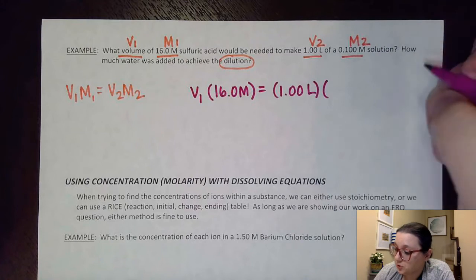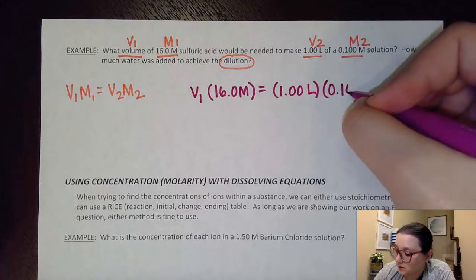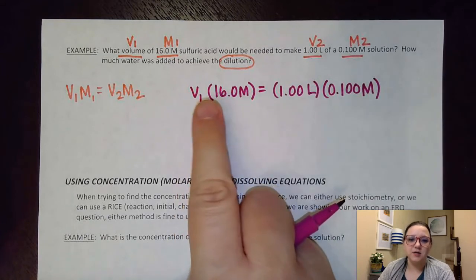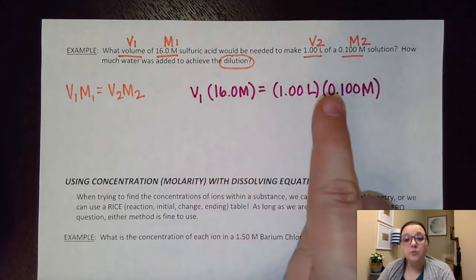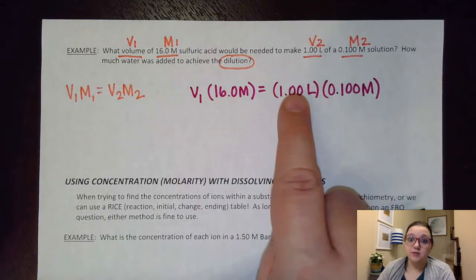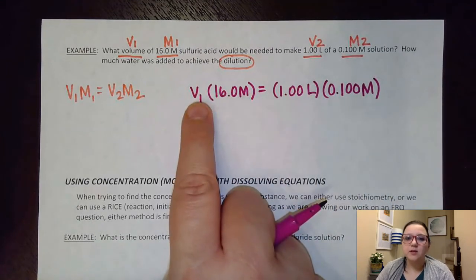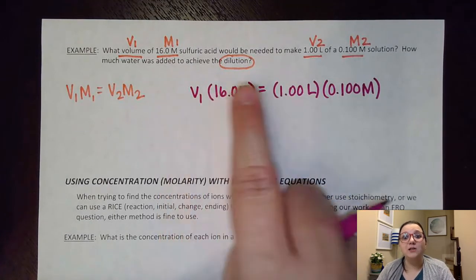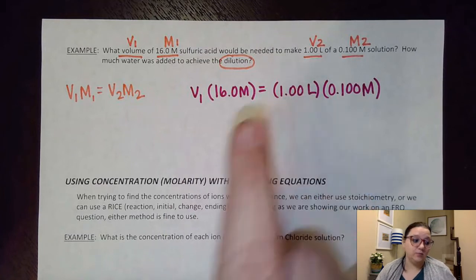And my M2 would be 0.1 molarity. So again, I had a really concentrated solution that I'm diluting down to make this much weaker concentration and this new total volume. So this volume is going to be much smaller than this 1 liter because I'm diluting it to get to this 1 liter.